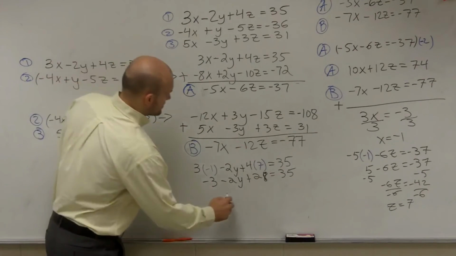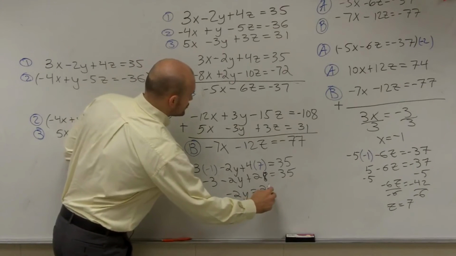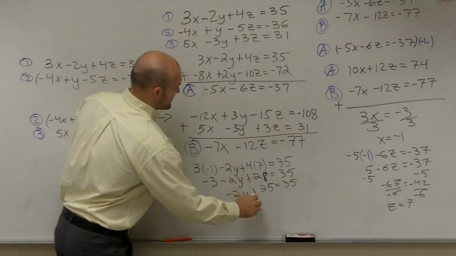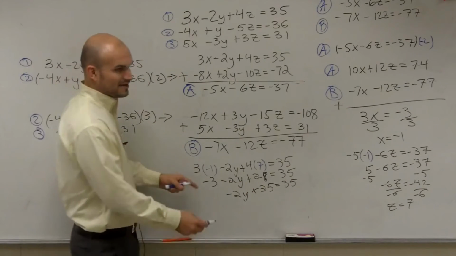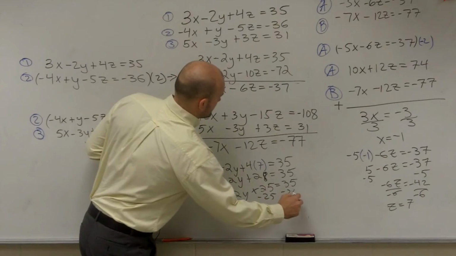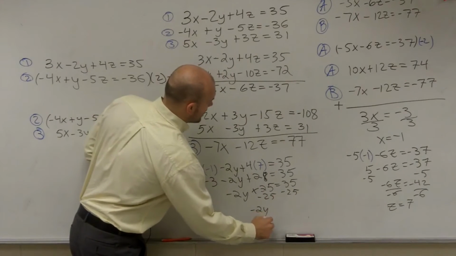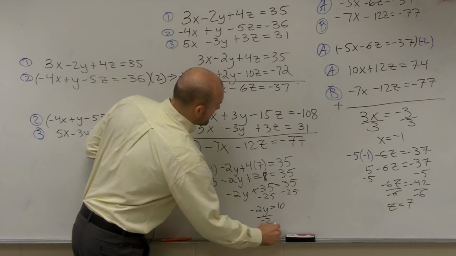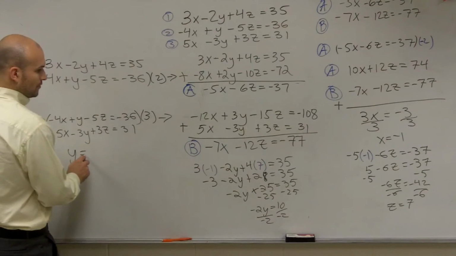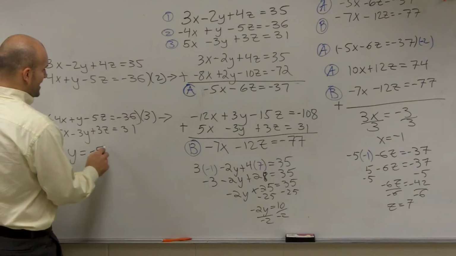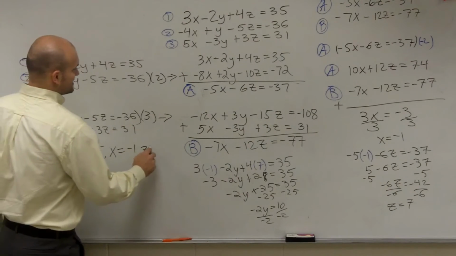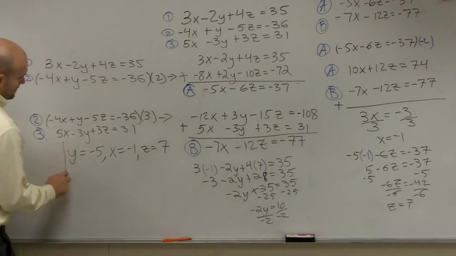Combine my like terms: negative 2y plus 25 equals 35. Subtract 25 on both sides, so negative 2y equals 10. Divide by negative 2. I now have y equal to negative 5, x equal to negative 1, and z equal to 7.